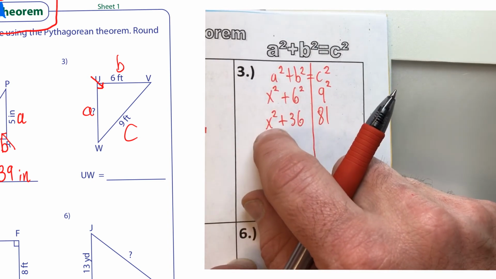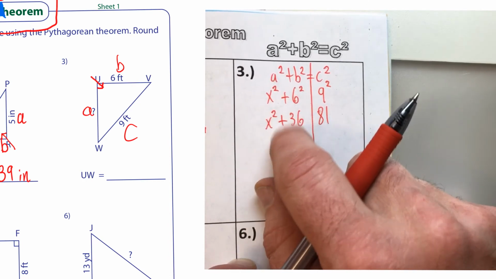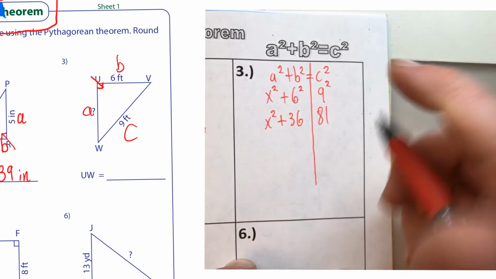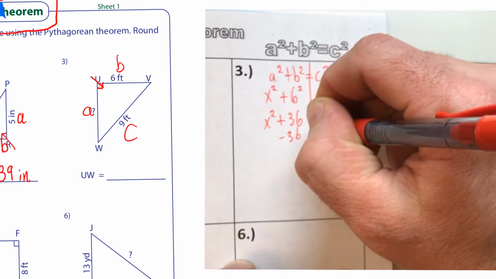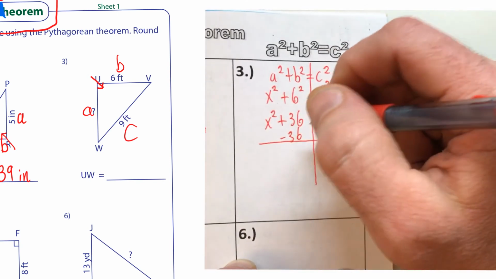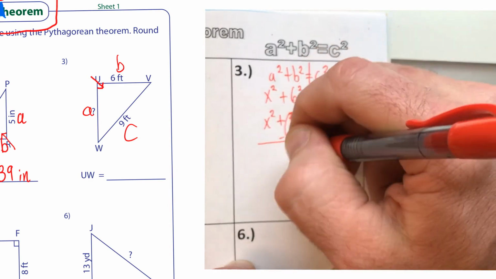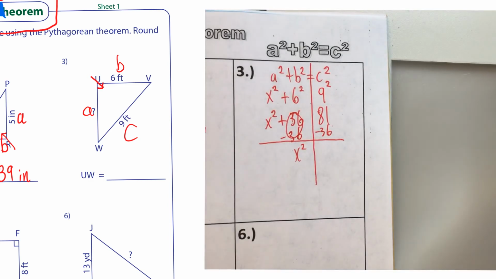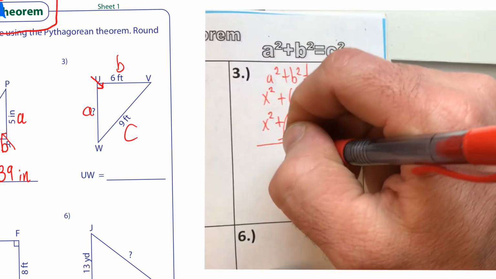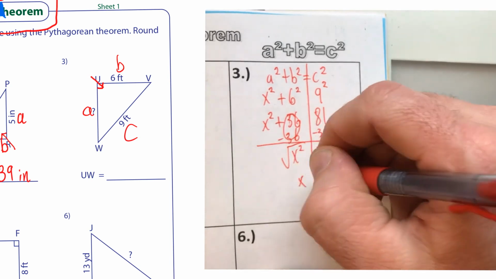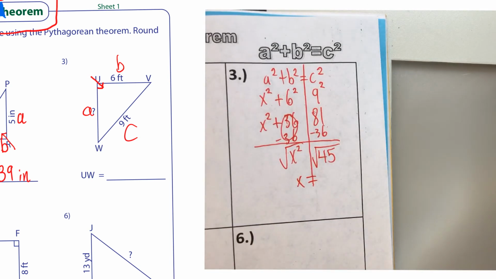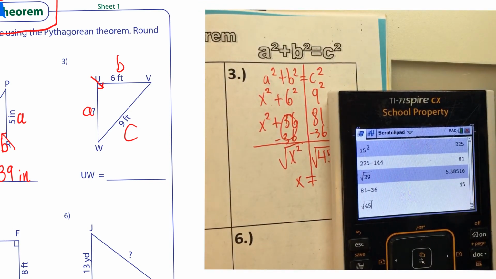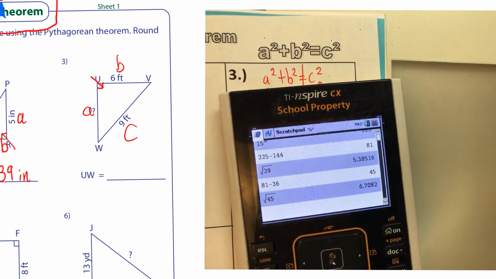Okay, I want the x by itself. So I've got a 36 and a squared. Let's get rid of the 36 first. How are we going to do that? Take it from both sides. That zeroes out. We get x squared equals 45. Take the square root of both sides. 6.71. Yep.